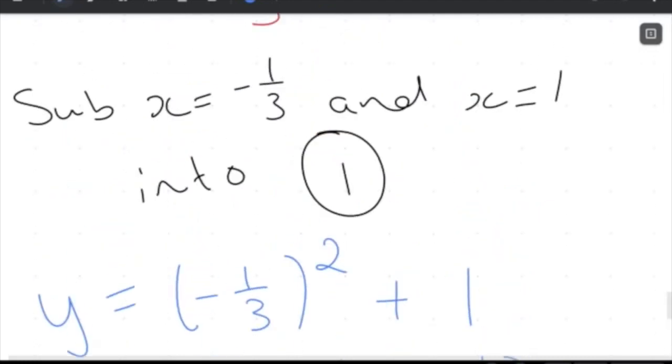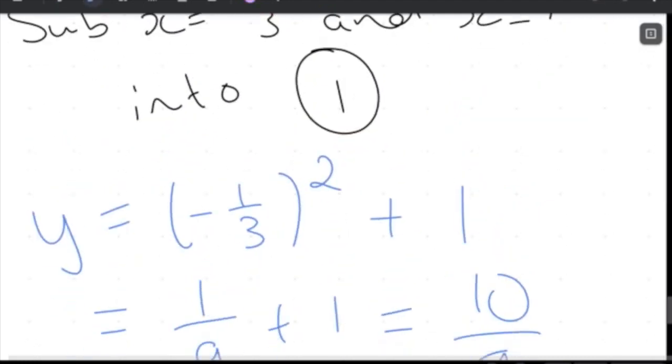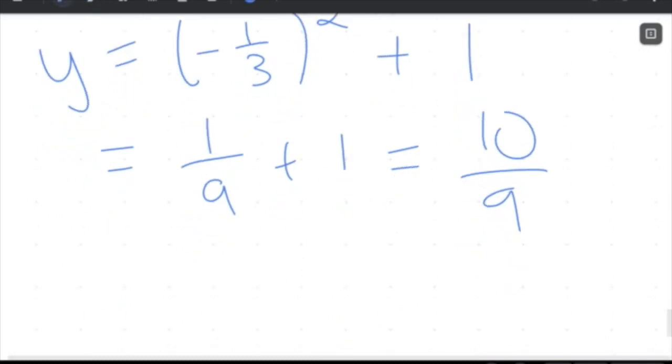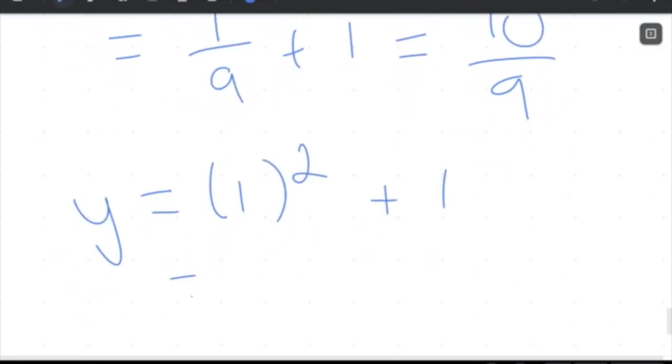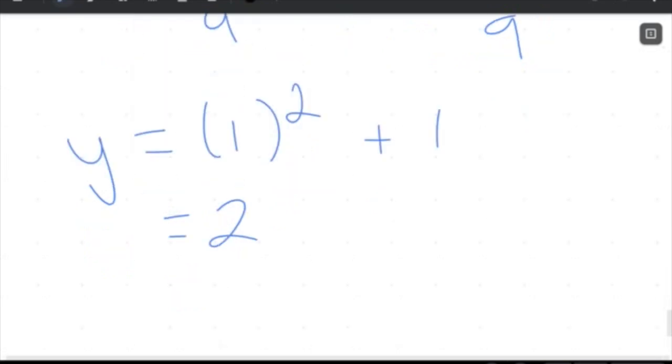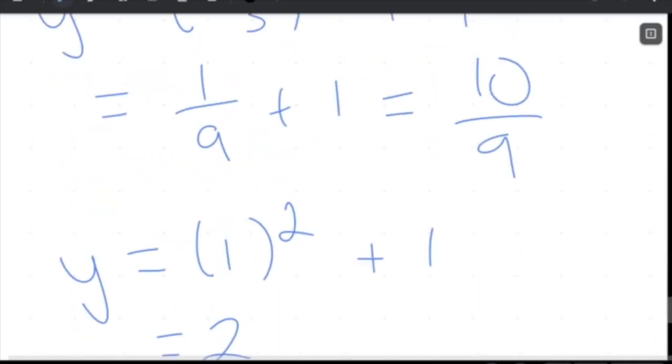And I'm also going to sub x equals 1 into this equation. So I get y equals 1 squared plus 1. And that just equals 2. Therefore, my points of intersection are just these coordinates here.